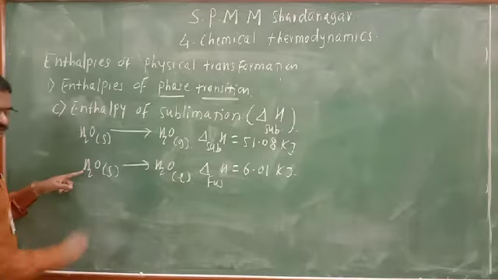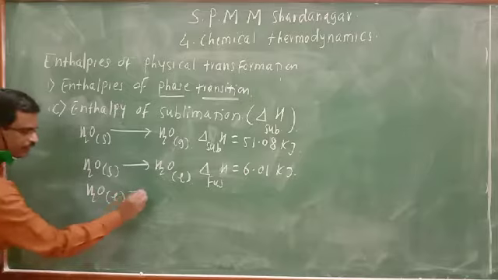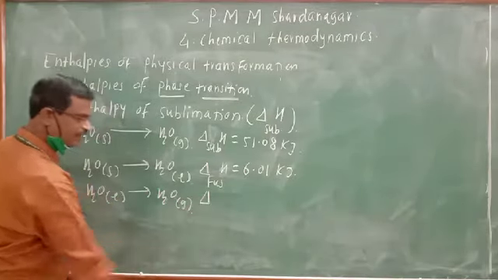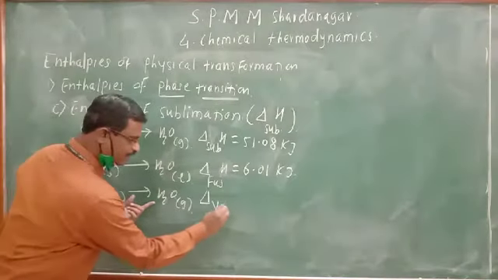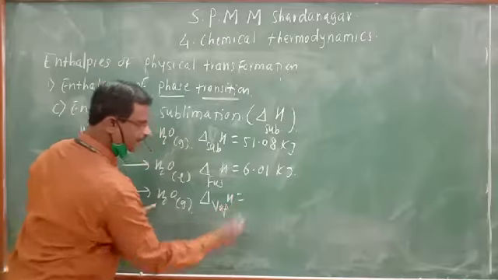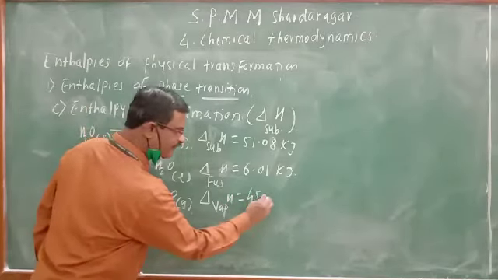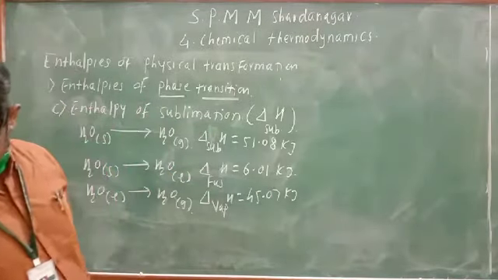Further, whenever that H2O liquid is converted to H2O gas, this process, liquid to gas, is known as vaporization, and the enthalpy of vaporization at 0 degree Celsius will be equal to 45.07 kilojoule per mole.